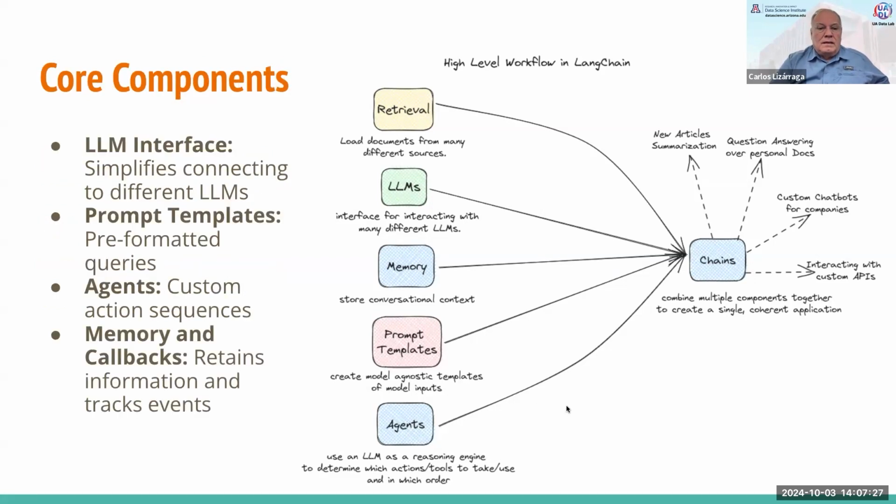Okay. And what are the components of Langchain? The components will be an interface with the large language models, and also you will have a series of prompt templates. Also, you can have different agents that do specific actions, and also handle memory and memory retrieval using some tracking events.